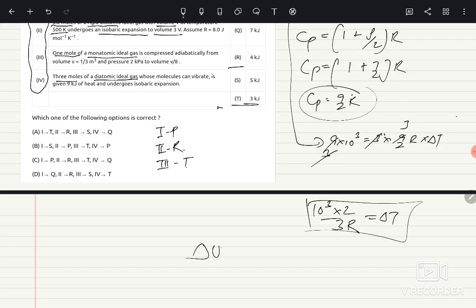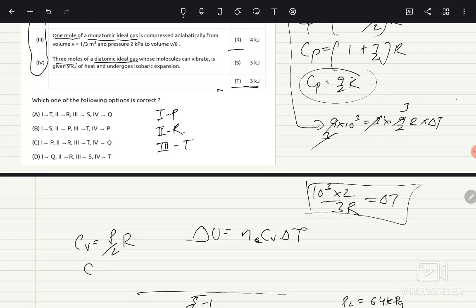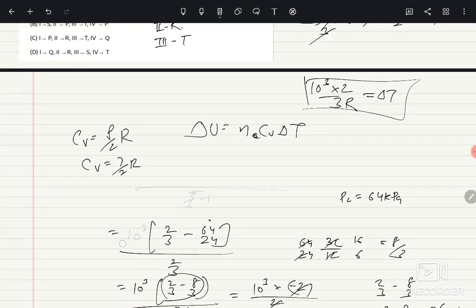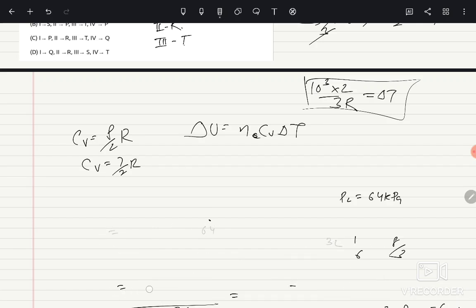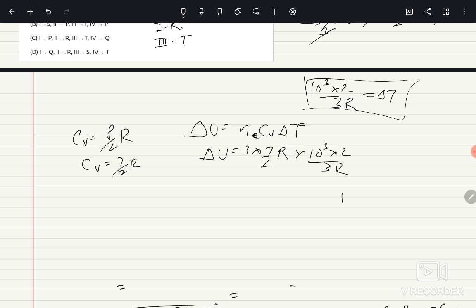To calculate delta U, we have n Cv delta T. Cv we will get as F by 2 R, so 7 by 2 R. So we can write it here: 3 is the number of moles, 7 by 2 R is the Cv, delta T is 10 to the power 3 into 2 by 3R.